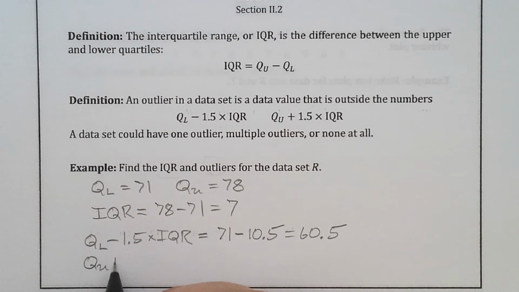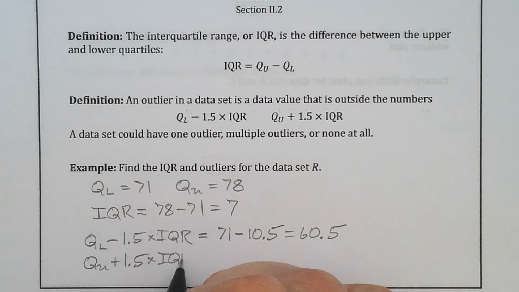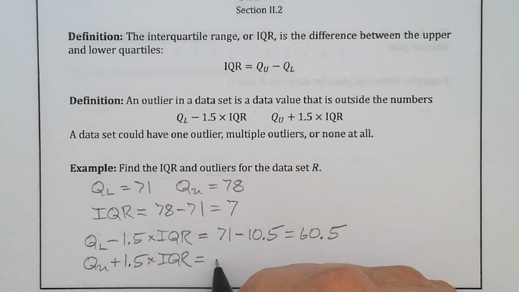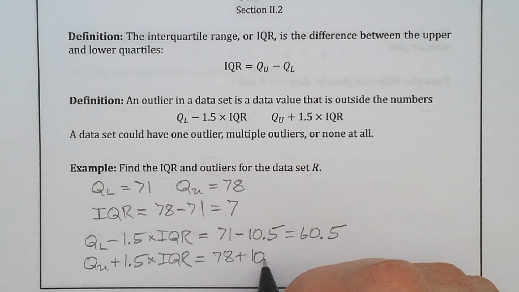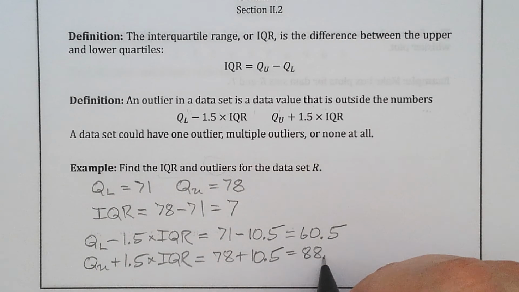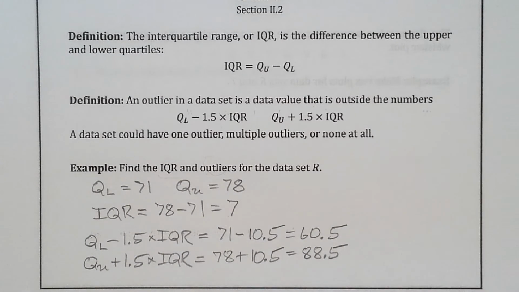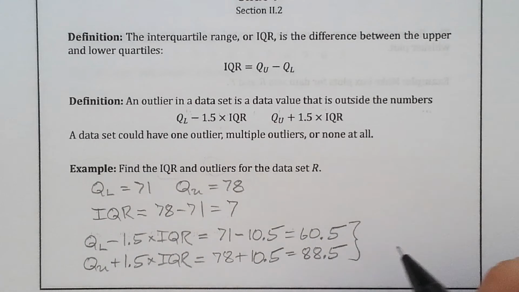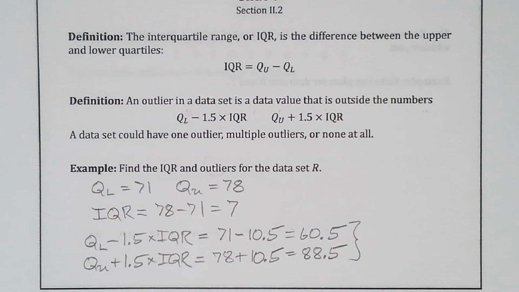Okay, upper quartile plus 1.5 times the IQR. That's 78 plus 10.5, which is 88.5. Okay, these are not the outliers. An outlier is any score that lies outside of those.